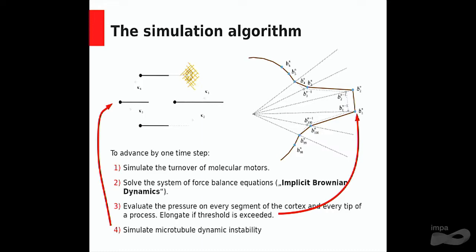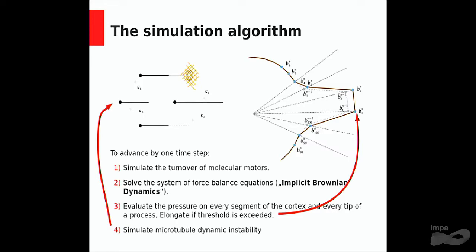What I actually do is go through all those 4 steps in every time step. Those 4 steps are, well, turnover of the motors, because the motors diffuse, of course, they detach, they attach. Then I solve this system of force balance equations. Once this is done, I also look at the position of the cortex. As far as the force balance equations are concerned, the cortex is like a fixed wall.